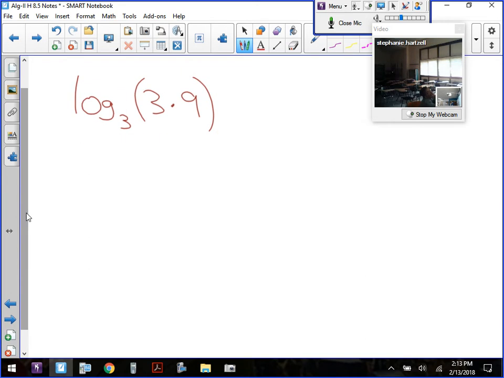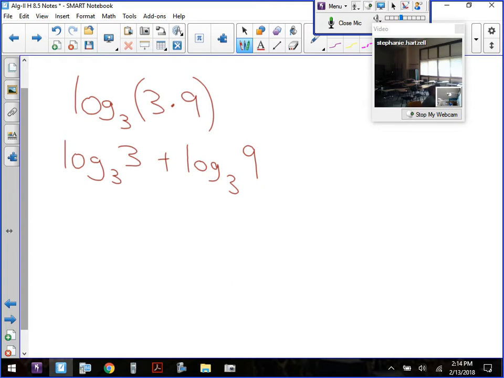If I have the log base 3 of the quantity 3 times 9, that means I can take that logarithm and split it into 2 separate logs. Why would you do that? Just showing how the property works. Like I said, the reason that we want to be able to do this is so that tomorrow when we do equation stuff, it simplifies the equations.